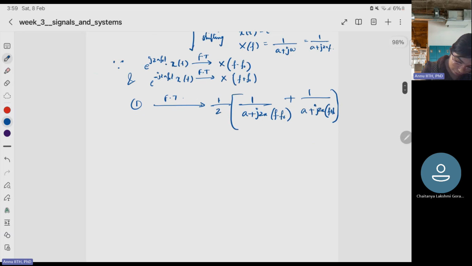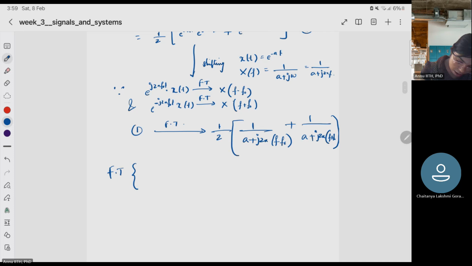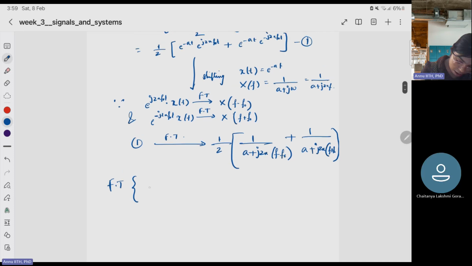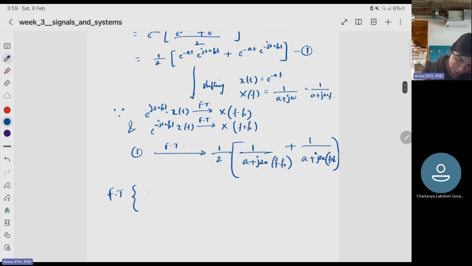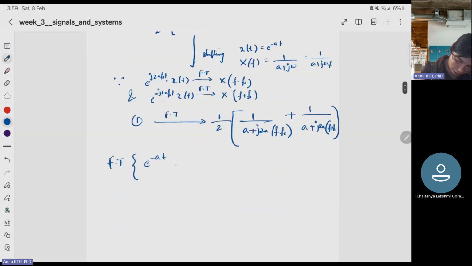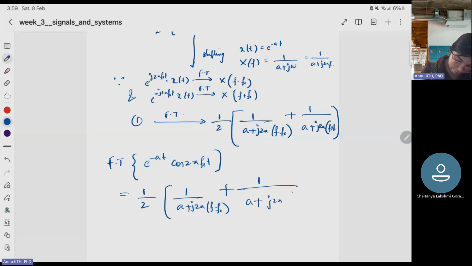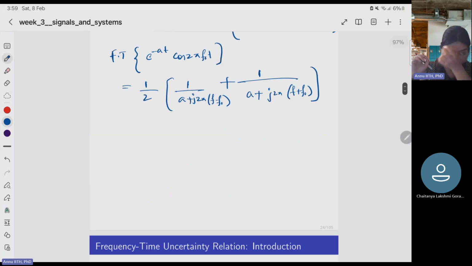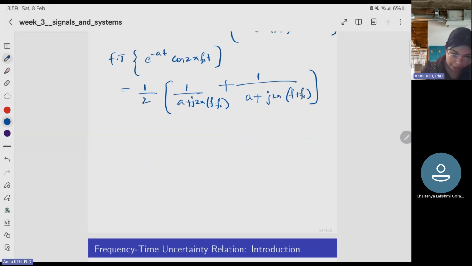So the Fourier transform of e^(-at) cos(2π f0 t) is 1/2 times 1 upon a plus j2π(f minus f0) plus 1/2 times 1 upon a plus j2π(f plus f0). What you're seeing is that the cosine multiplication shifts the frequencies of these two functions.